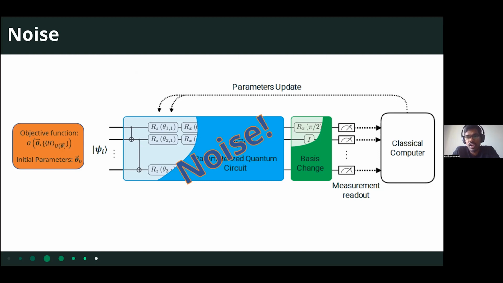So we have to consider that in our variational algorithm. We know that we don't have the ability to do quantum error correction now, so we need to think about how we can reduce the effect of noise, at least in the next few years, while we have these small devices before quantum error correction comes into the picture.